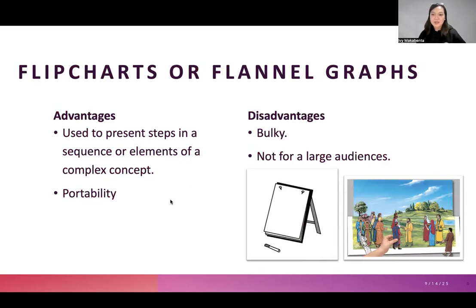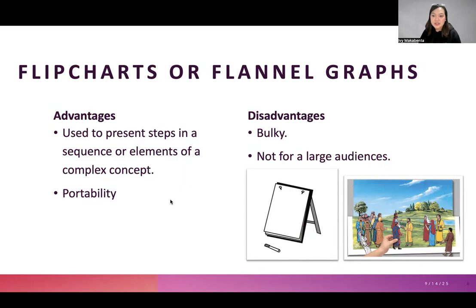Moving on to some simple yet effective visual aids, we have flip charts and flannel graph. Flip charts is a large pad of paper, usually on a tripod or stand. Flannel graph, on the other hand, are cutouts on a felted board that can be used for storytelling.